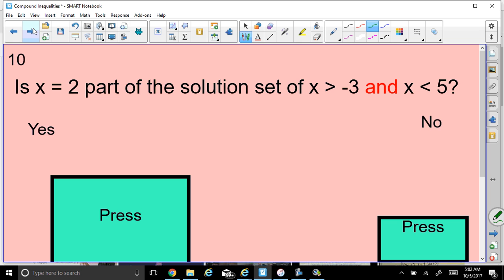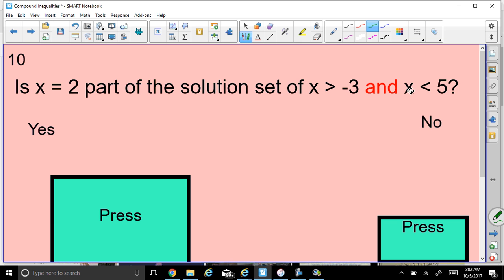Here's a question for you. Is x equal to 2 part of the solution for the set of x greater than -3 and x less than 5? Well, if I put a 2 in here, 2 is greater than -3, that's true.